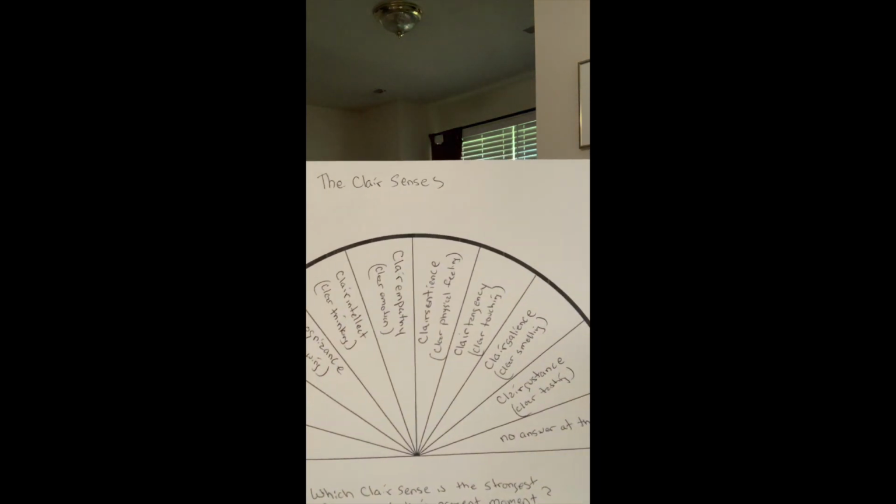I thought it would be cool to do one on the clair senses, because we use those all the time in psychic work, especially as somebody just scrying. I'm very aware of the clair senses, and I located all the different clair senses, and I made a chart of them. And the question I asked is, what is my dominant clair sense at this time? And got an answer.